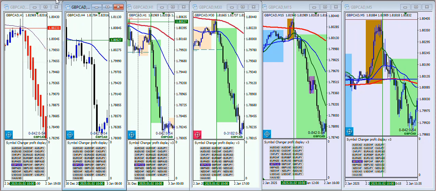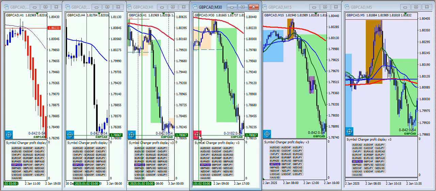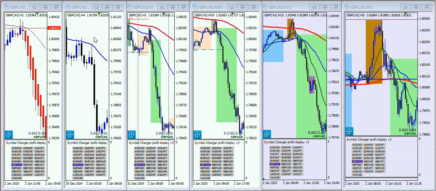So if you have all these criteria met, all you need to do now is to take the entry. And how do you take the entry? You wait for price to close below the 15 exponential moving average after the rejection on the 15 minutes time frame. So our entry is going to be here. That is it.